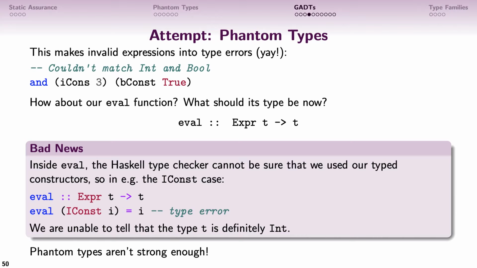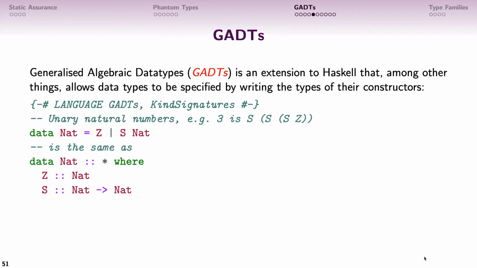So GADTs, it's a fancy name for a fairly simple concept, although it's somewhat poorly explained, I think. The first thing that GADTs let us do is express our data types a bit differently. Here I have a data type to express natural numbers. It's either 0 or it's the successor of another natural number.